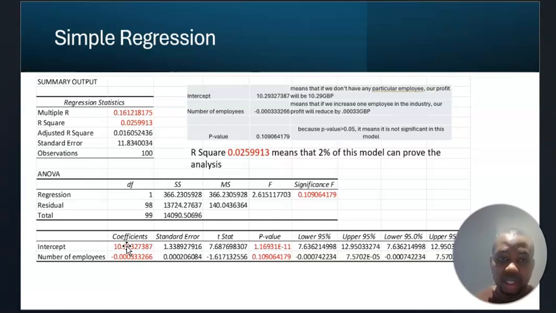So this intercept here, 10.2829, means that when the number of employees is 0, we would have a profit margin of 10.29 GBP. Now, this coefficient for number of employees, minus 0.006, means that for each unit increment in number of employees, we would have a loss of 0.0003 GBP. That is what it simply means.